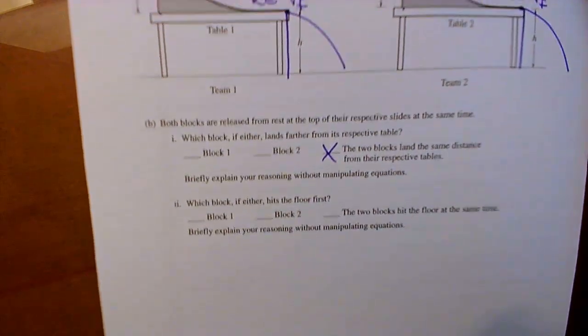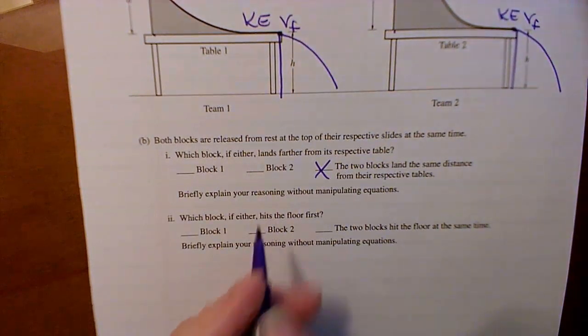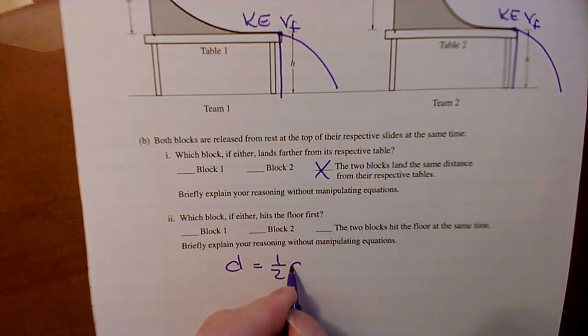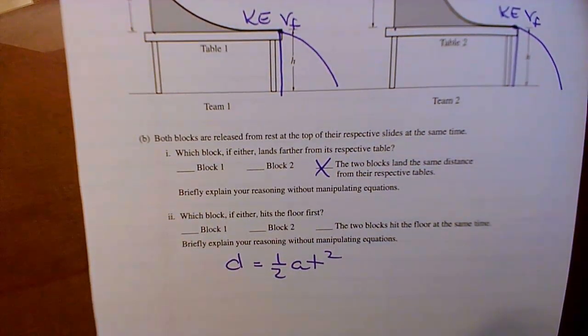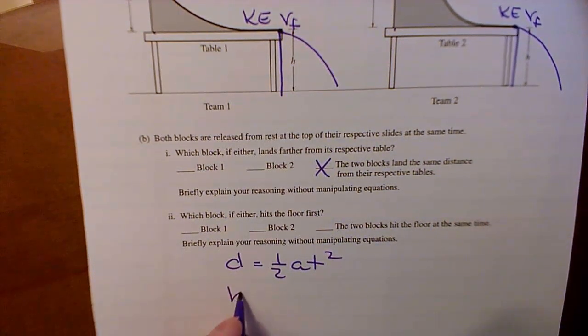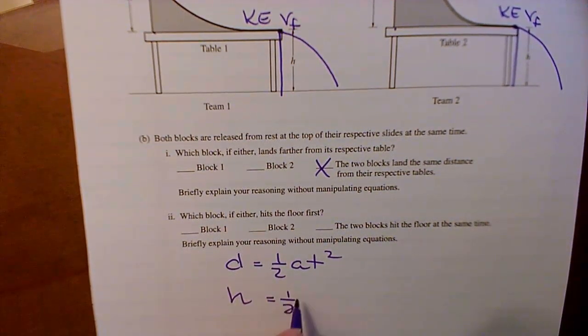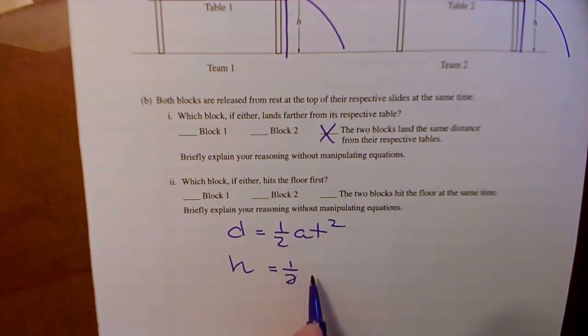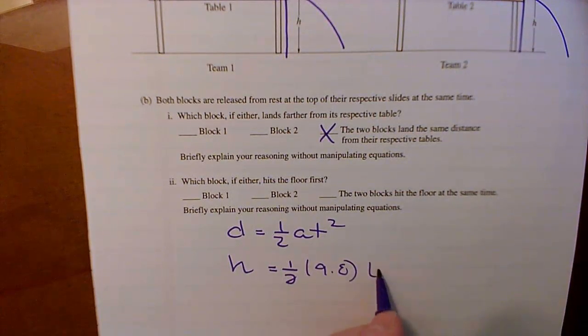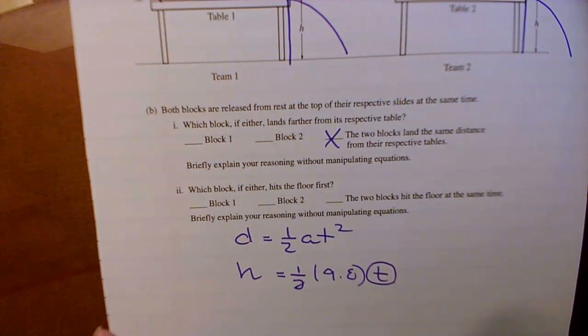And so here goes the quantitative part in my thought process. So d equals 1/2 a t squared. They have the same height, table to floor, so it's the same h. The a is going to be gravity, so that's going to be like 9.8. So the only thing that's going to affect which block hits the ground first is the time that's in there.